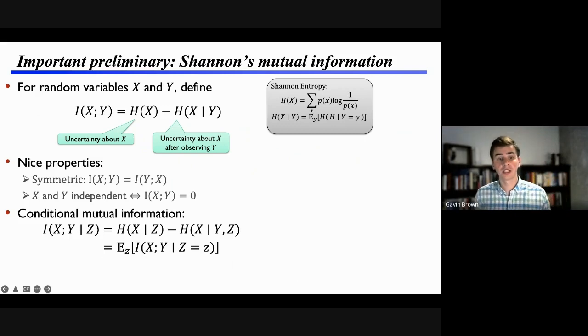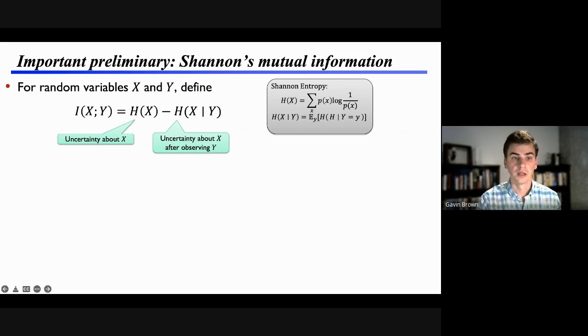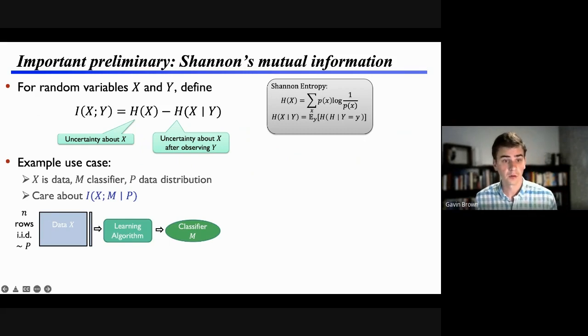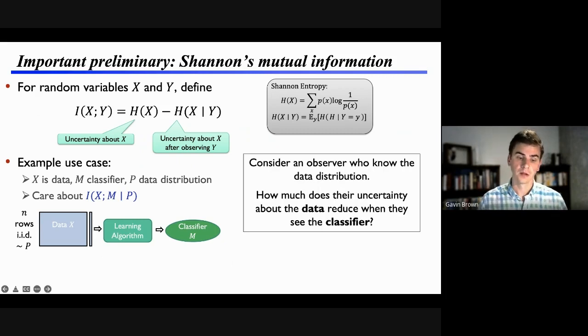We'll also define the conditional mutual information, which asks about the information between X and Y in the presence of some third observed random variable Z. Let's see how we use this term in our use case. So we've got data X, classifier M, and P, which is the data distribution, which is a random variable as well. We're going to care about the mutual information between X and M conditioned on P. To interpret this, consider an observer who knows the data distribution.